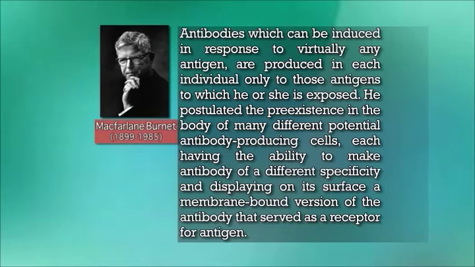He postulated the pre-existence in the body of many different potential antibody-producing cells, each having the ability to make antibody of a different specificity and displaying on its surface a membrane-bound version of the antibody that served as a receptor for antigen.